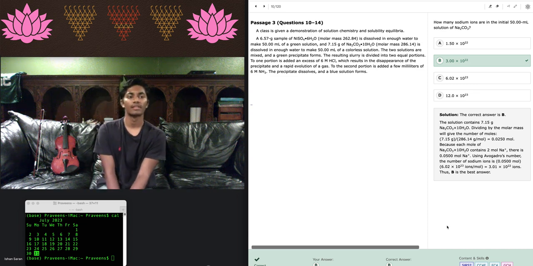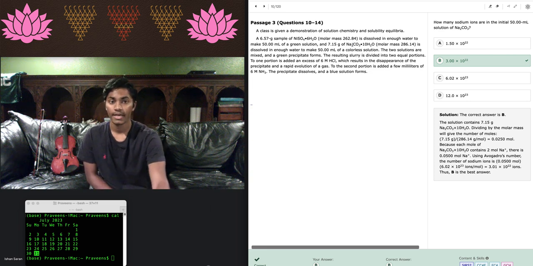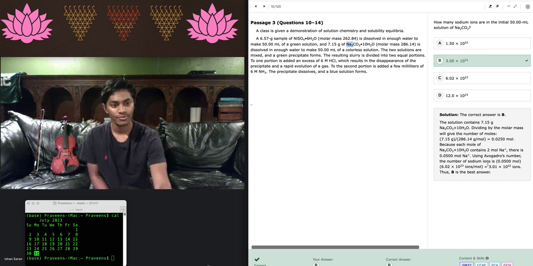Now, note that for the number of sodium ions, I should have 2 sodium ions, right? Because there are 2 sodium ions, I have to double my answer. So once I do a calculation like what I said, I also have to multiply by 2.